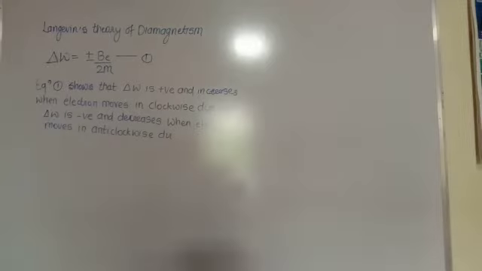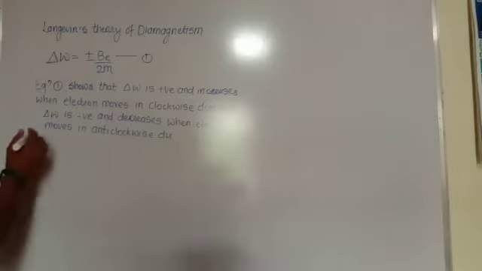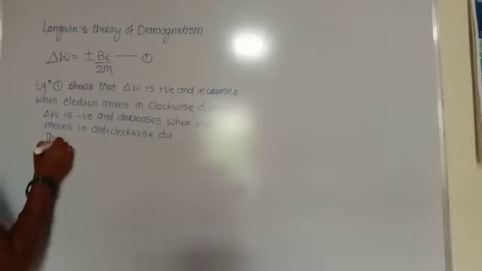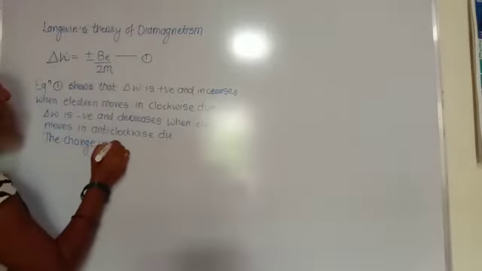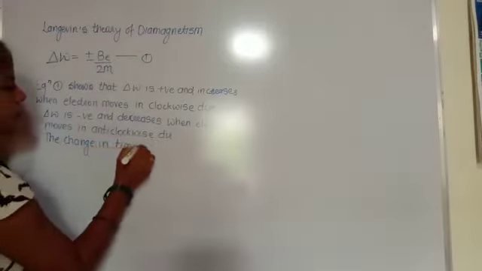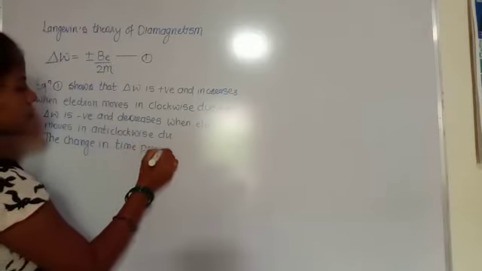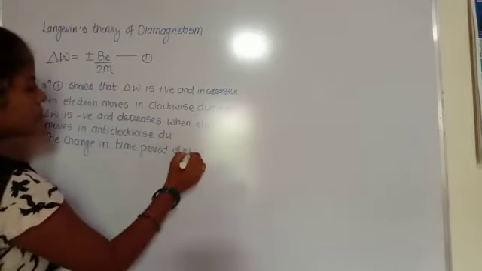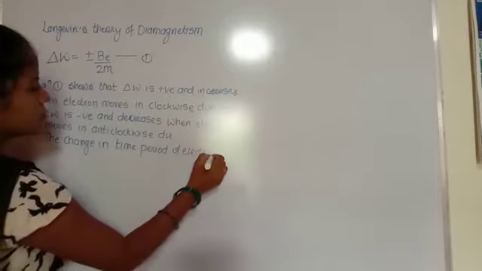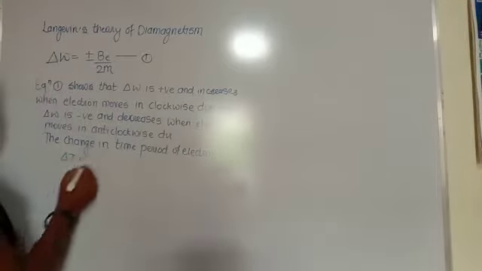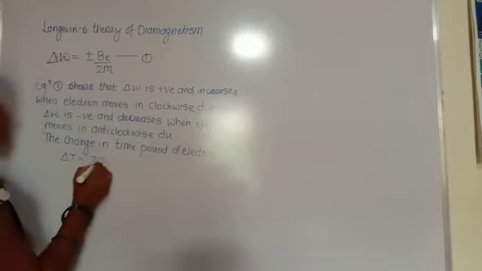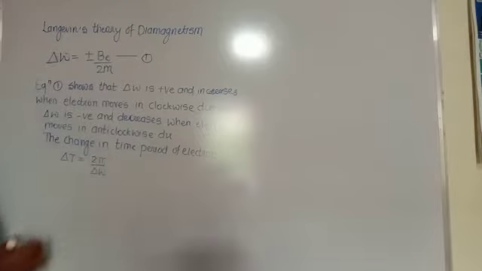As the angular frequency of the electron changes, there is a change in the time period of the electron. Therefore the change in time period of the electron, denoted by delta T, is equal to 2 pi divided by delta omega.